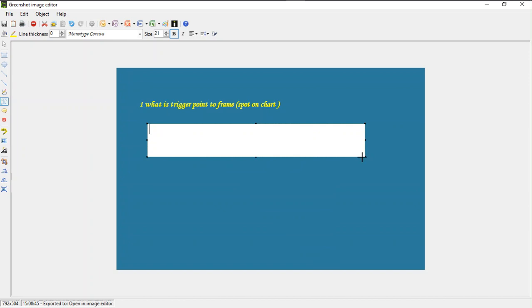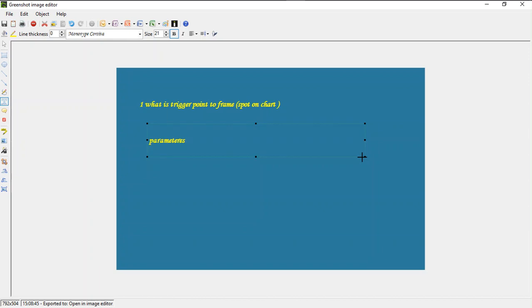And the second point is parameters. It means on which parameters we are testing our strategies.